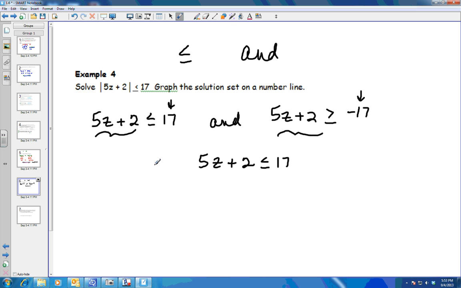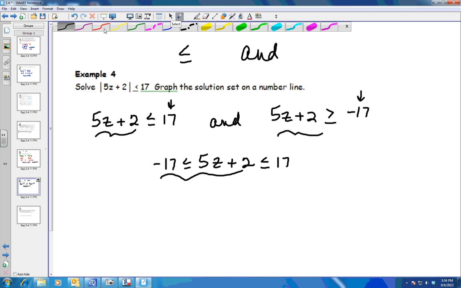And then my smaller number is going to go on the left-hand side. And see when I wrote this over here, see how I just flipped this around? So if I cover this part up, isn't this part right here the same as this, just flipped? So now this is my new problem and I'm going to solve that.